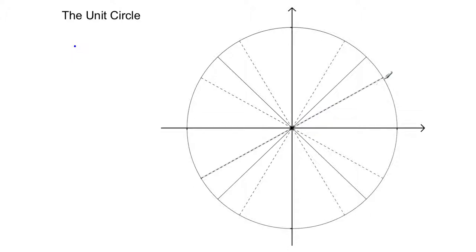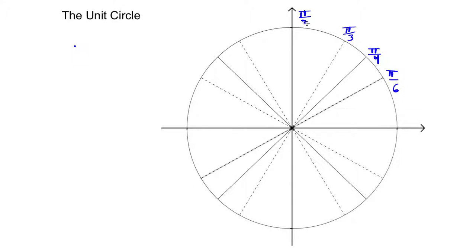So this right here, we said that this was pi over 4, or sorry, I made the mistake I was just going to tell you about. This is pi over 6, this is pi over 3. We want to be careful that we realize that pi over 3 is up here and pi over 6 is down here.